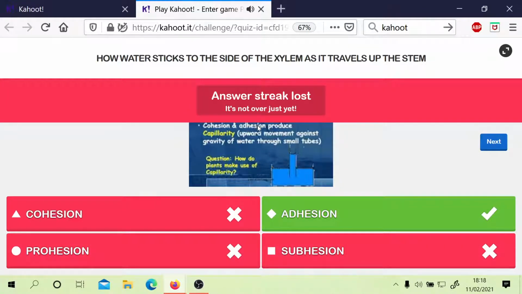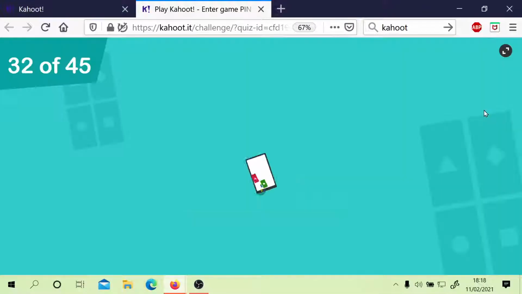Right, the clue is in that adhesion. So I guess the denseness of the water is the cohesion, and then obviously the stickiness is the adhesion. That was just stupid to not think of that.